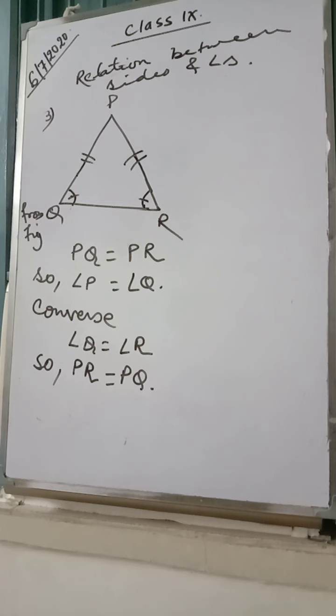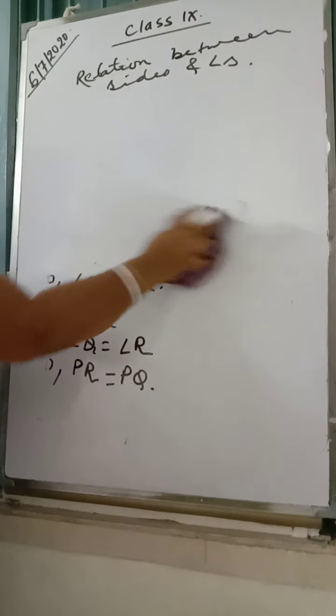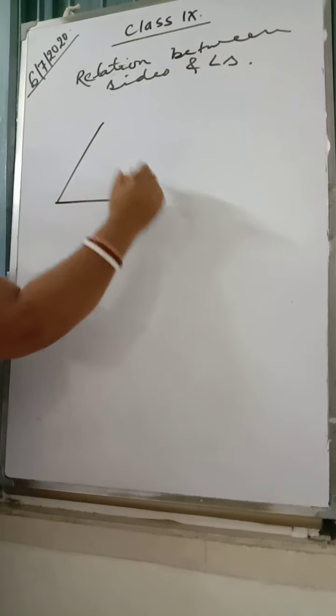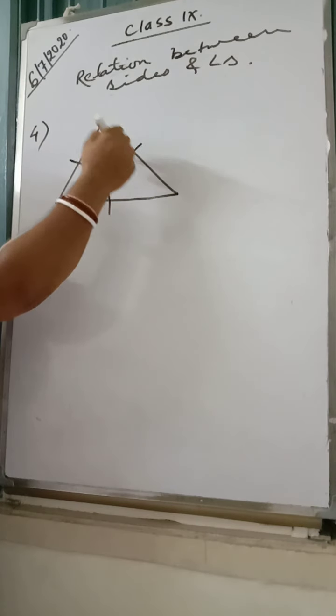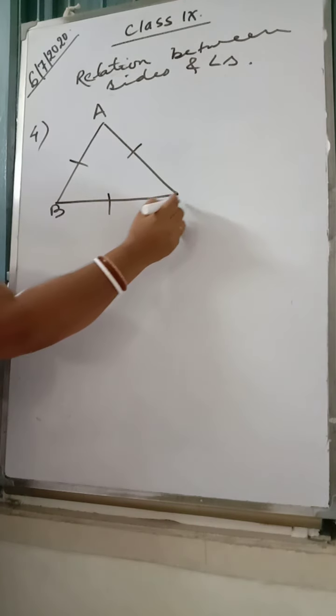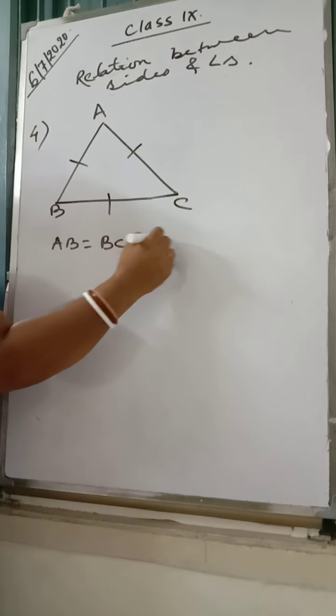And relation number 4 is, if all the three angles are equal, all the three sides will be equal, and if all the three sides are equal, all the three angles will be equal. That is based on the equilateral triangle. In triangle ABC, AB is equal to BC is equal to AC.